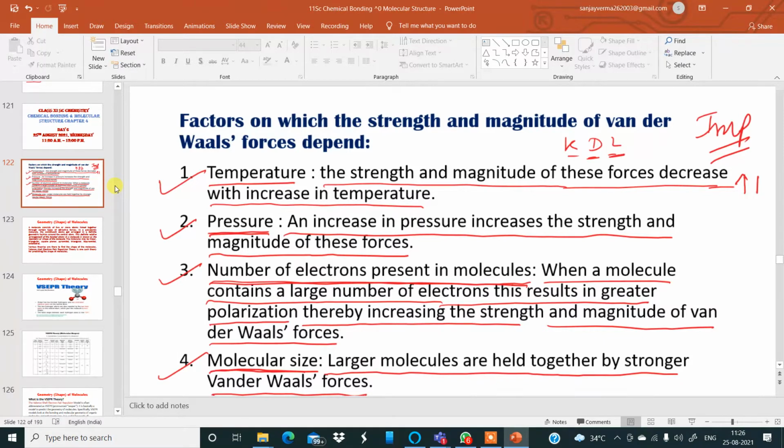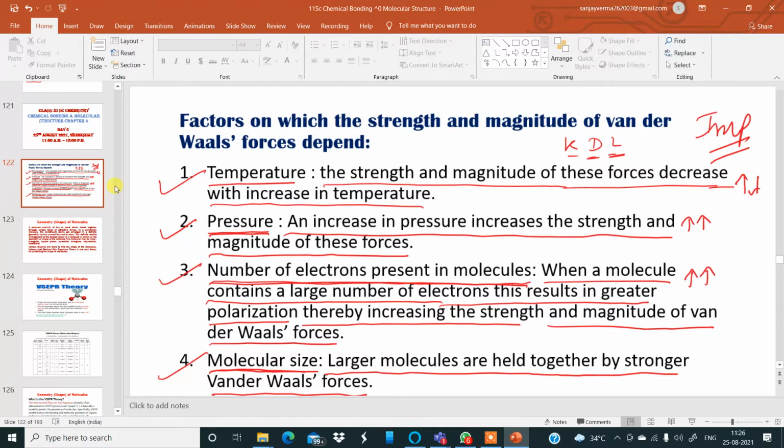Now, in the second case, with increase of pressure, the van der Waals forces are also higher. The third one, number of electrons present. When a molecule contains a large number of electrons, if the number of electrons is more, the strength of the van der Waals force is also more.